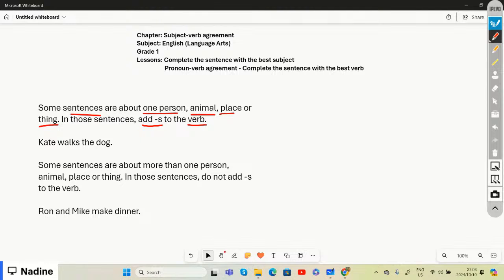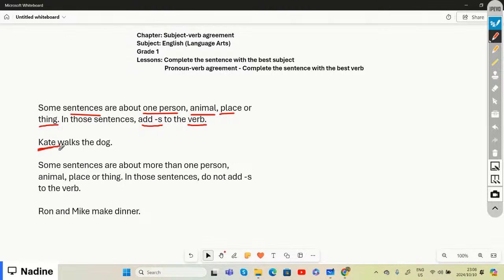An example is Kate walks the dog. So Kate is the one person, and what does Kate do?